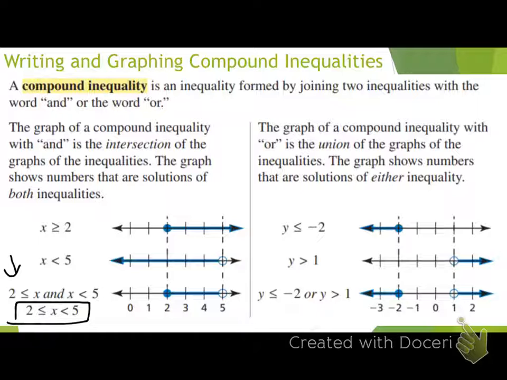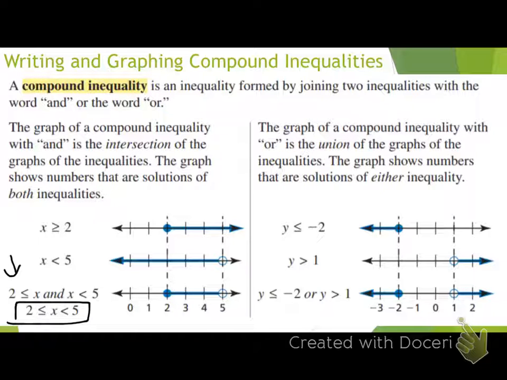No. 10 is greater than or equal to 2, but it's not less than 5, is it? It's got to fit both conditions. Is 3 a solution? Yeah. 3 is greater than or equal to 2, and it's less than 5, so I know it's a solution of my compound inequality. It also falls in the shaded region of my graph. Okay? Any questions on that?